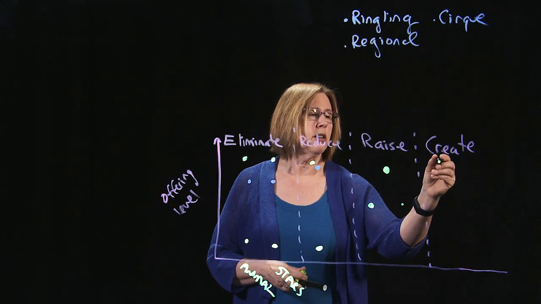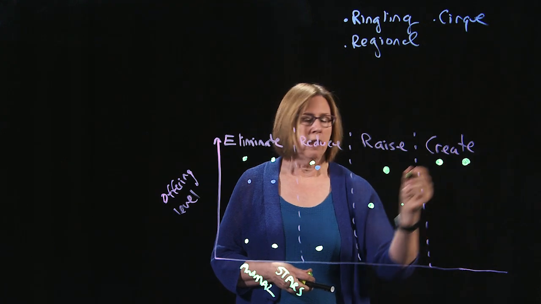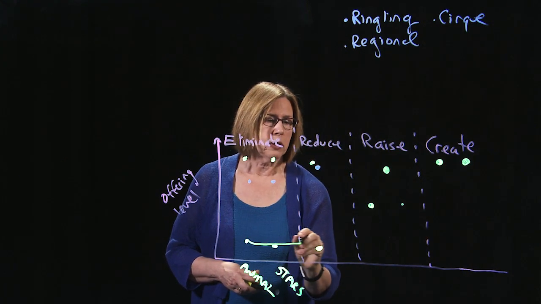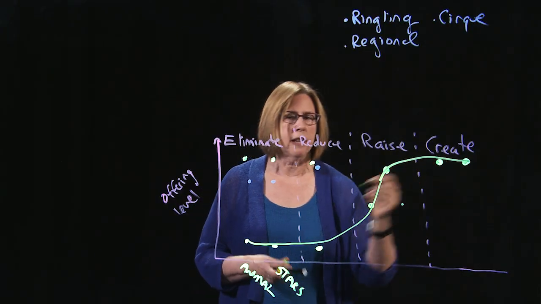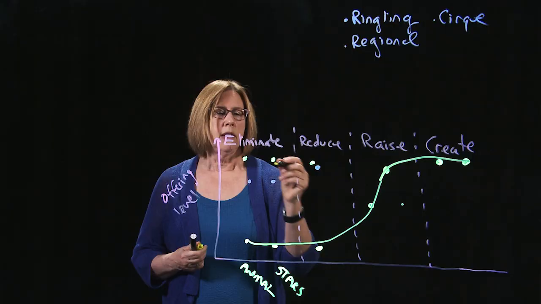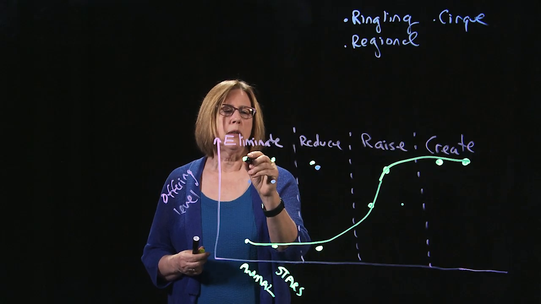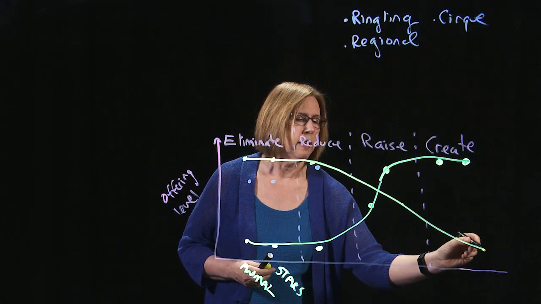They are creating a storyline. They are creating spectacle. So the line for Cirque du Soleil, whoops, close enough, looks like this. Meanwhile, the people at Ringling Brothers and the regionals are looking more like this.